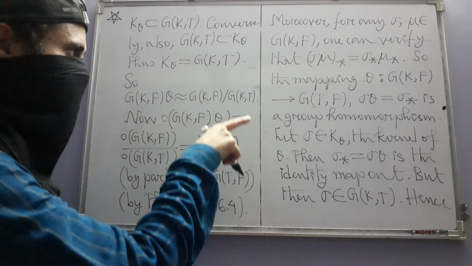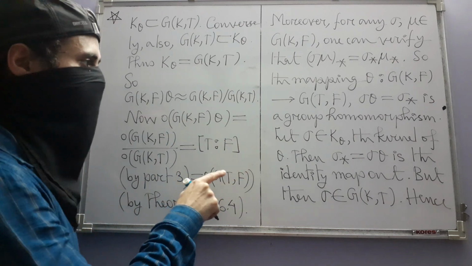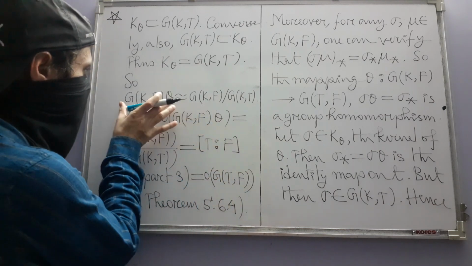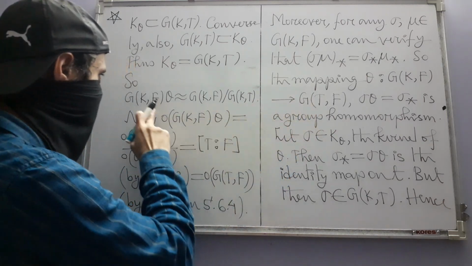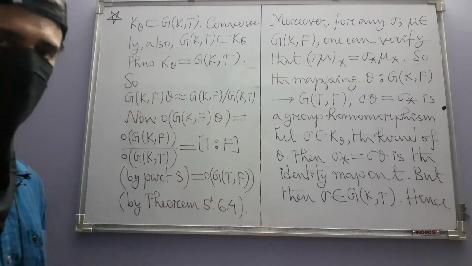So we see that our function theta is actually onto, because this image, which in general is a subgroup of this, has the same order as that group.